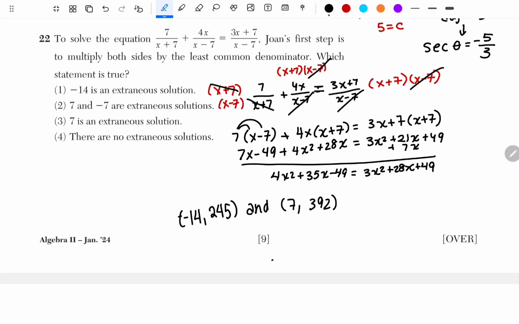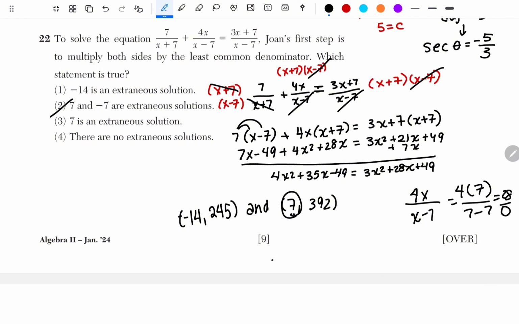So obviously, we can eliminate answer choice 2 because we know -7 is not even a solution. So it can't even be extraneous because it doesn't exist. Now, many people would be tempted to say, well, there is no extraneous solutions. But this is why it's important to check the conditions, to recheck your work. If I take in 7 as a value of x and I plug into 4x divided by x minus 7, that's going to be 4 times 7 over 7 minus 7, which is 28 over 0.